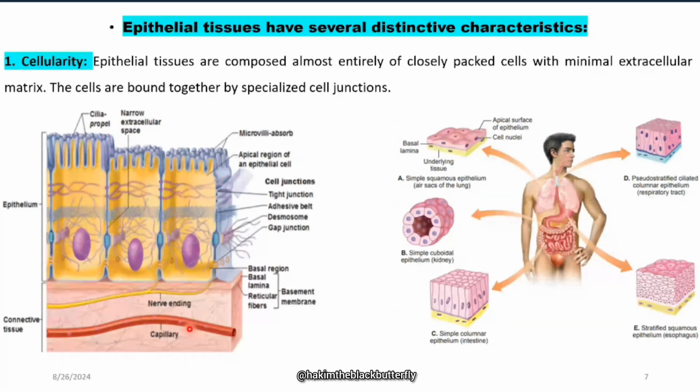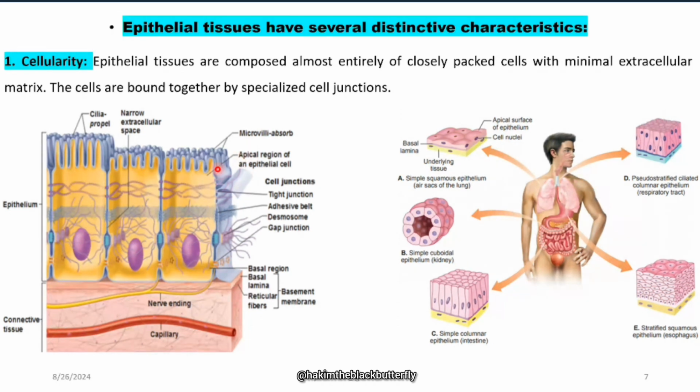Then also another one. These cells, the epithelial cells, can undergo modification. This modification specifically happens on the top surfaces of the cells. The top surfaces of the cells are called apical surfaces.